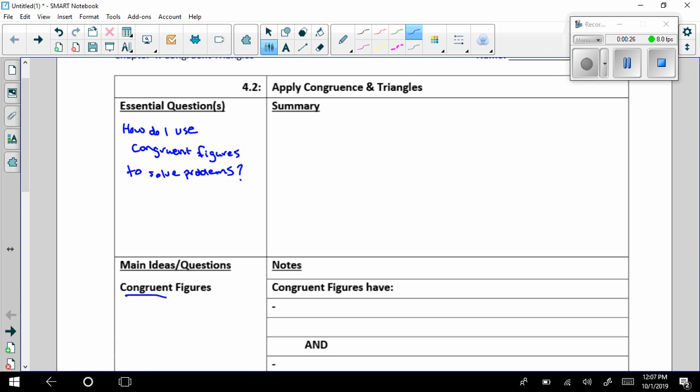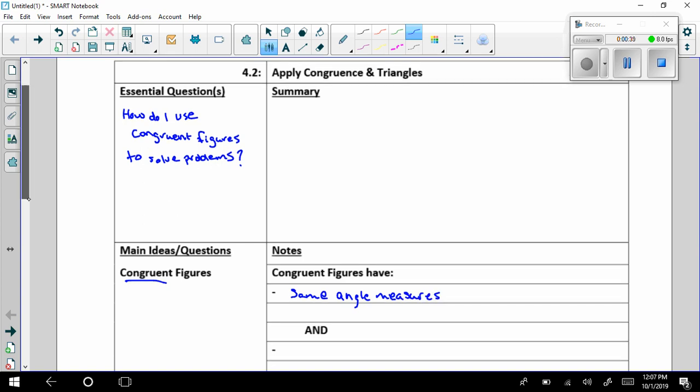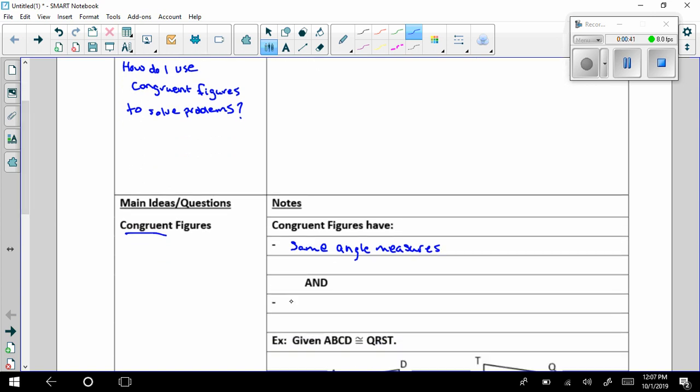So congruent figures have the same angle measures and the same side lengths.